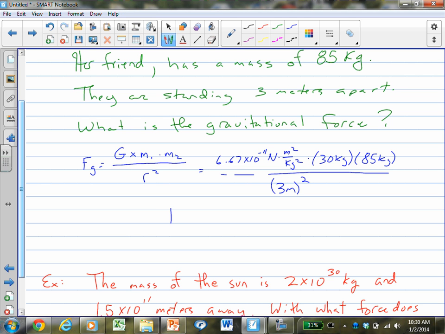And if you calculate that out, you'll come up with a small force between the two of only 1.89 times 10 to the minus 8 newtons. Try that on your calculator.